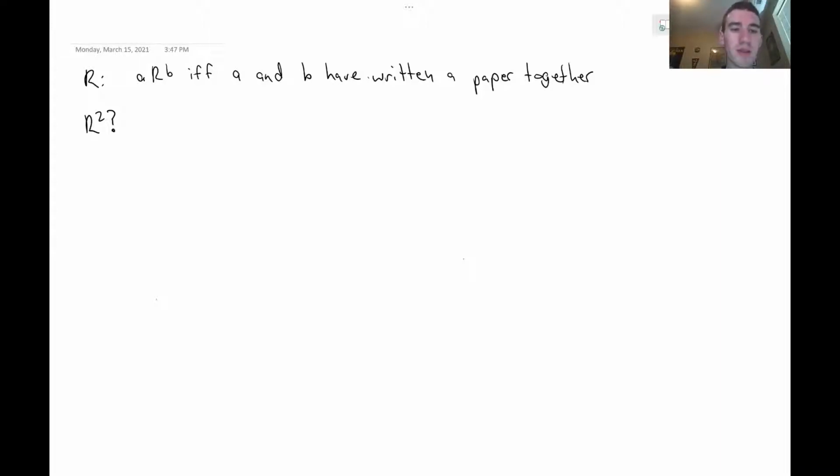We can go to our definition, and that's going to tell us that A R squared C means that there's some person B out there where A relates to B and B relates to C. Or we can think about it more generally: our relation R tells us we can get from A to B in one step, and R squared is telling us that we can get from A to C in two steps with B in the middle.